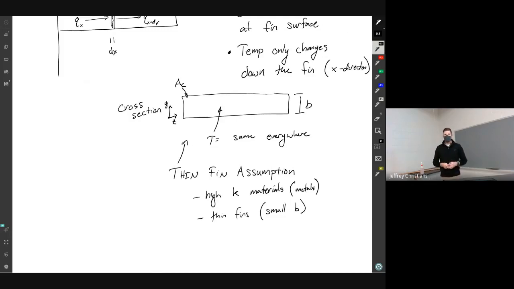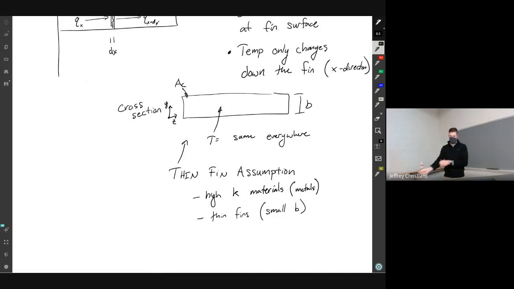Because basically what you can't have happen is let heat get stuck in the middle. It has to be able to very easily get to the edges. So high thermal conductivity means heat can very easily flow to the edges of the fin. Or if it's thin, the edges are close by, so heat can very easily flow to the edges.